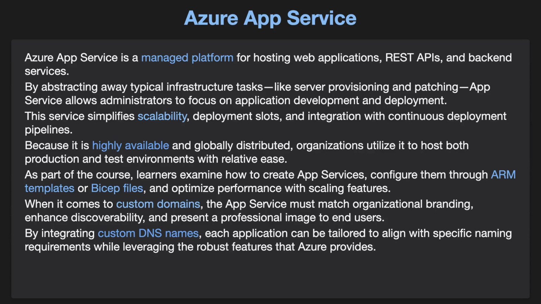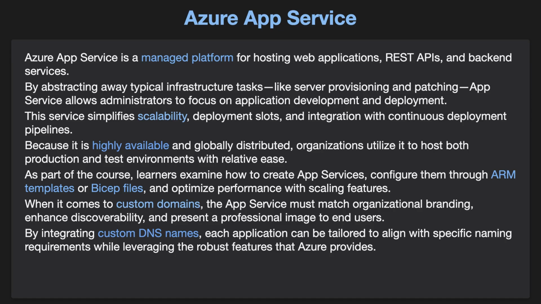Azure App Service is a managed platform for hosting web applications, REST APIs, and backend services. By abstracting away typical infrastructure tasks, like server provisioning and patching, App Service allows administrators to focus on application development and deployment. This service simplifies scalability, deployment slots, and integration with continuous deployment pipelines.